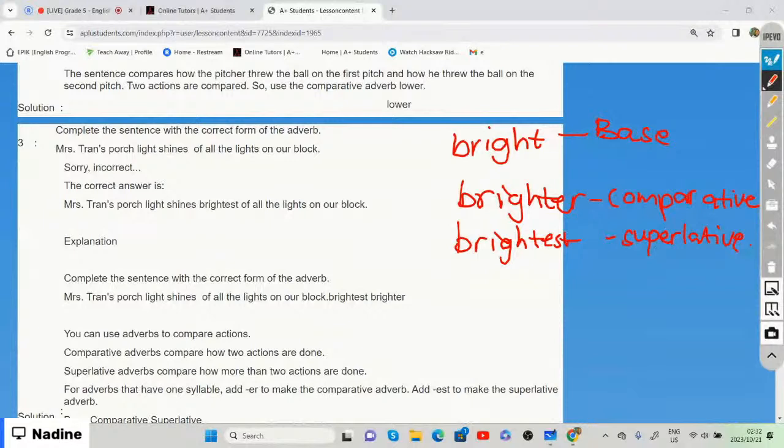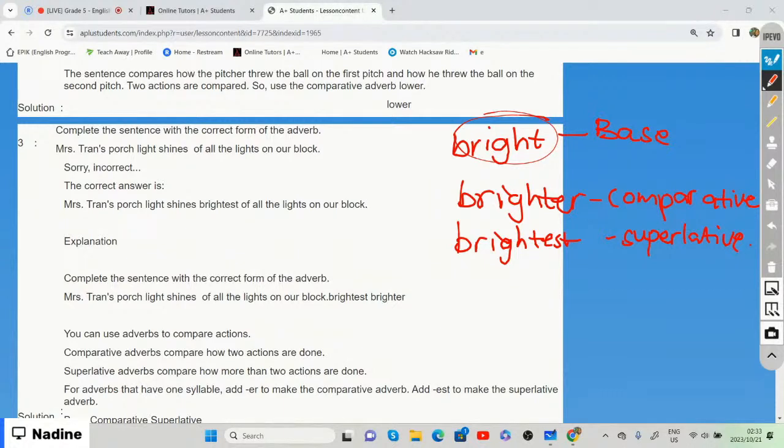So we need to choose between the comparative or the superlative, right? So here it says Mrs. Trans's porch light shines bright of all the lights on her block, which means that she is comparing how more than two actions are being done than all of the lights on her block.